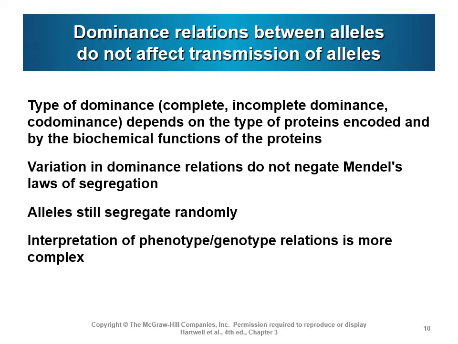The type of dominance depends on the type of proteins encoded and on the biochemical functions of the proteins. Variation in dominance relations does not negate Mendel's law of segregation. Alleles still segregate randomly. Interpretation of phenotype-genotype relations is more complex.